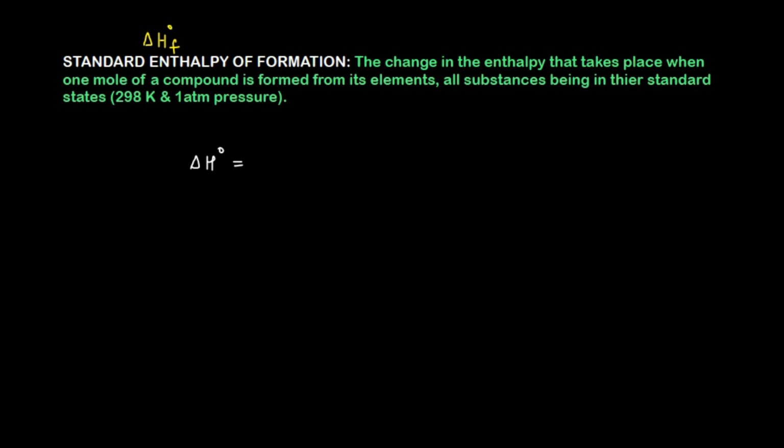You can write this as delta H standard formation for the products, that means the compounds present on the right hand side of the equation, minus standard enthalpy of formation for the reactants.